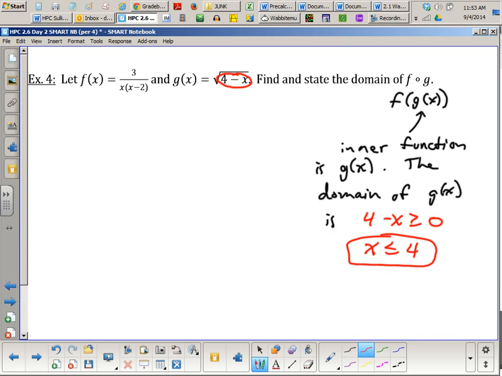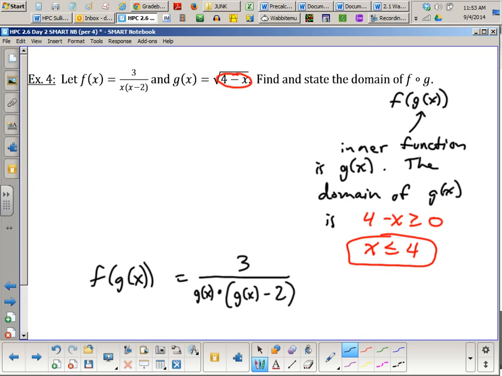Now let's take that and see what it looks like on the composition. So phase 2 of the problem, you take that f of g statement and you write it as 3 over, not x times x minus 2, but g of x times g of x minus 2 is what it means.